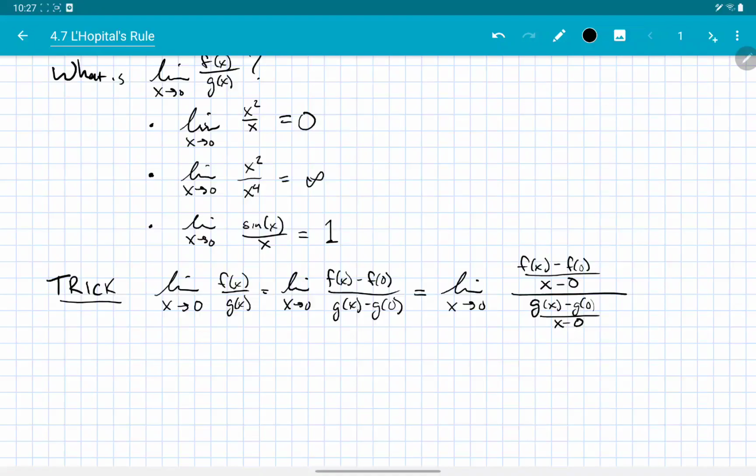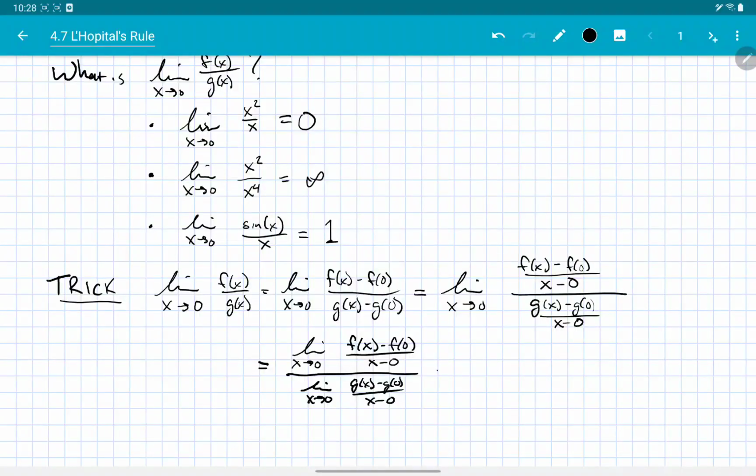Now we use the limit laws and break this into, instead of the limit of a quotient, the quotient of two different limits, as so.